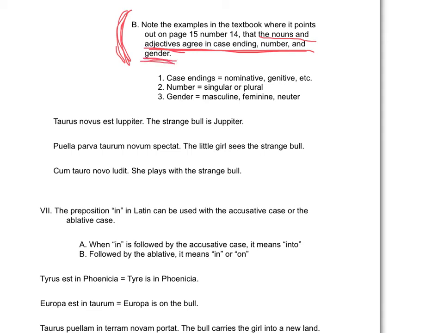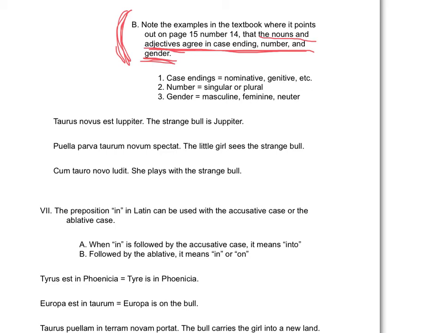In this course, I will always refer to those three things in the same order: case, number, and gender. And a noun, which is modified by an adjective, will have the same exact case ending, number, and gender.